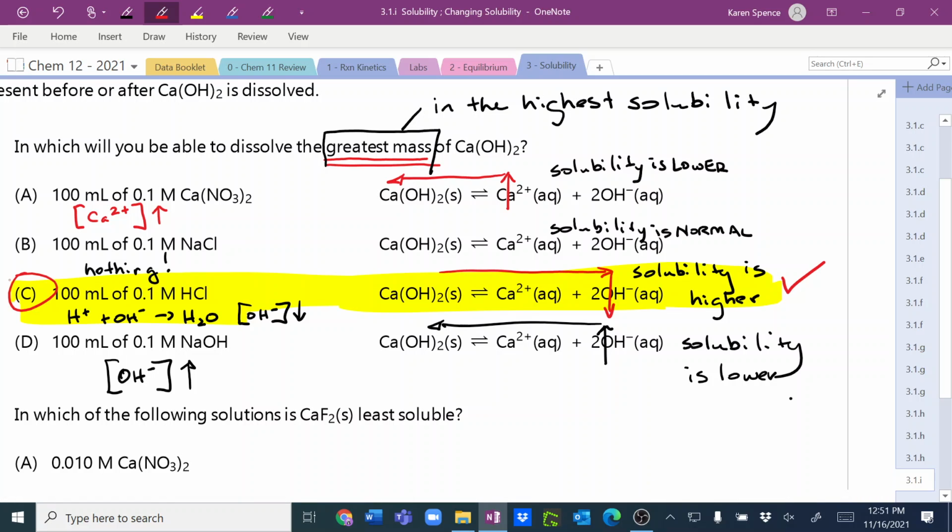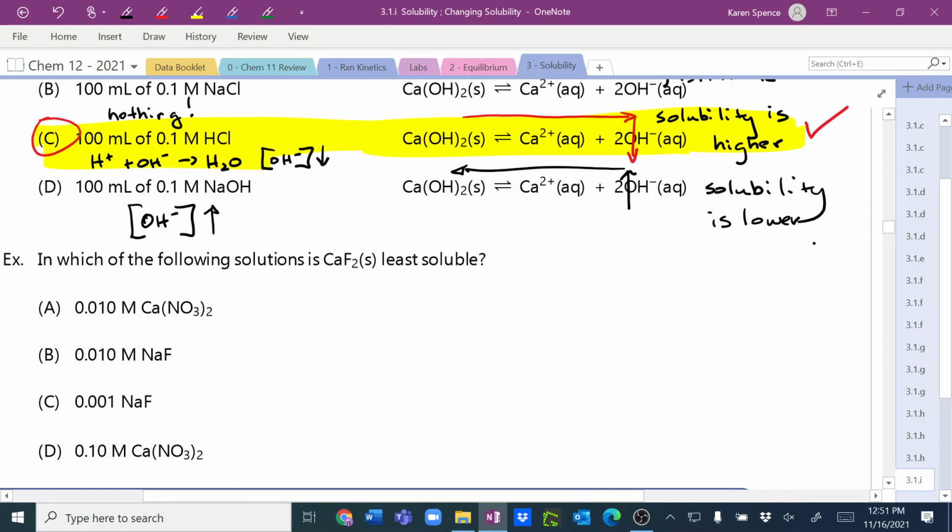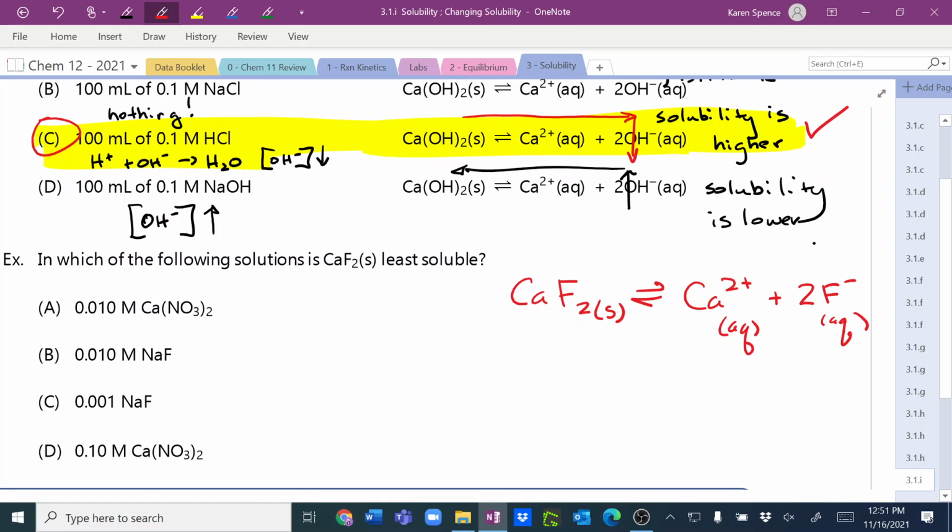Now, it doesn't just matter what substance you're using, it also depends on the concentration, because in the next question, what we have is calcium fluoride. And all of these things are going to increase in ion concentration, yes?